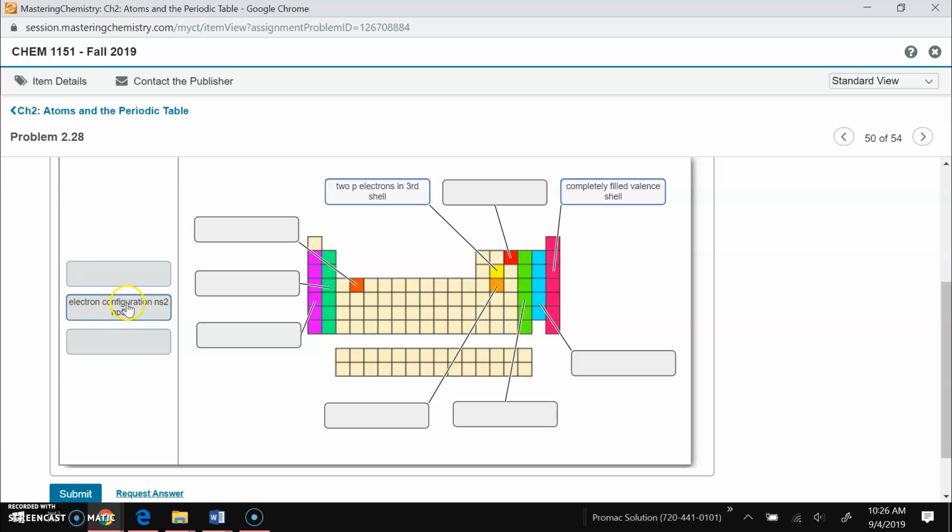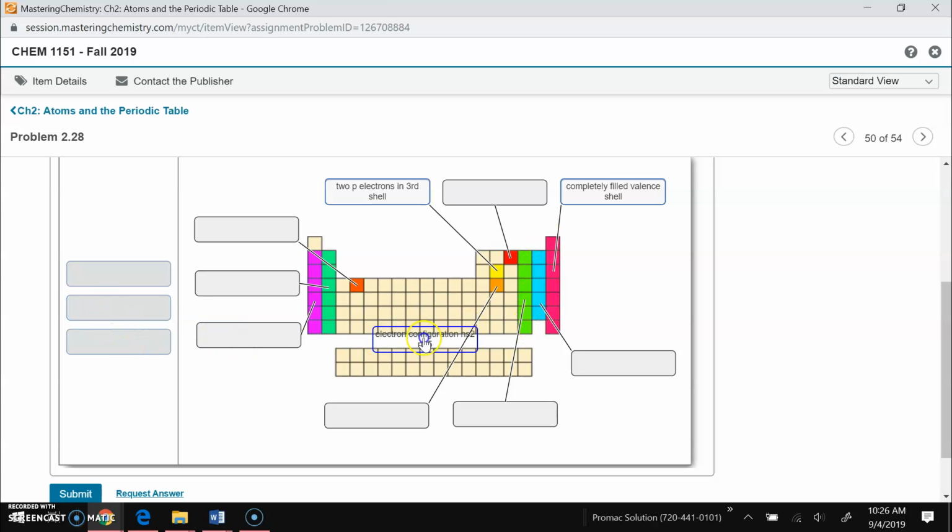The next choice is the electron configuration that has ns2, np5. We don't know what period we're in, whether 1, 2, 3, 4, 5, but we have to be where we have 5 electrons in the p block. So you just count 1, 2, 3, 4, 5. We're going to be somewhere in group 7, the cyan or turquoise color.